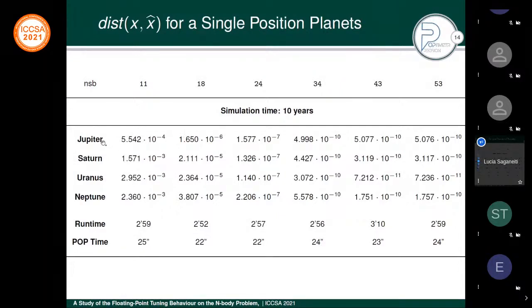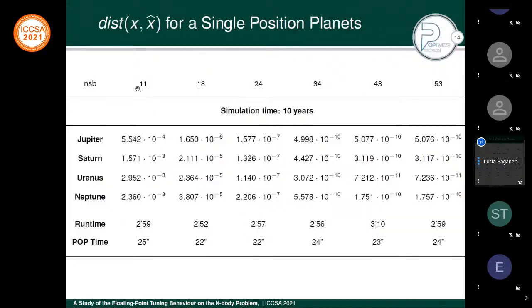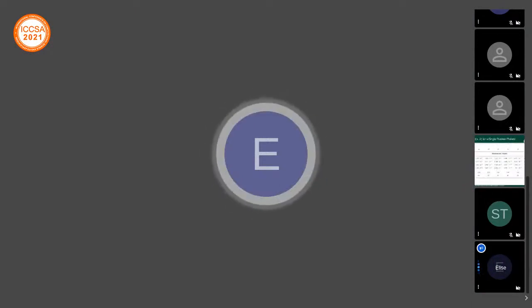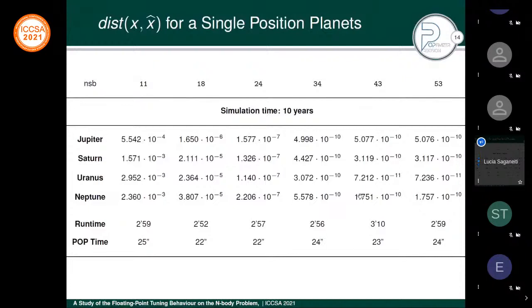For example, for the Jupiter planet, the measured error is of the order of 10 to the negative fourth power, which respects the user accuracy requirements, for example, for 11 bits, for which the worst error is 2 to the negative power. Also for the remaining planets, we have desirable results for this experimentation.